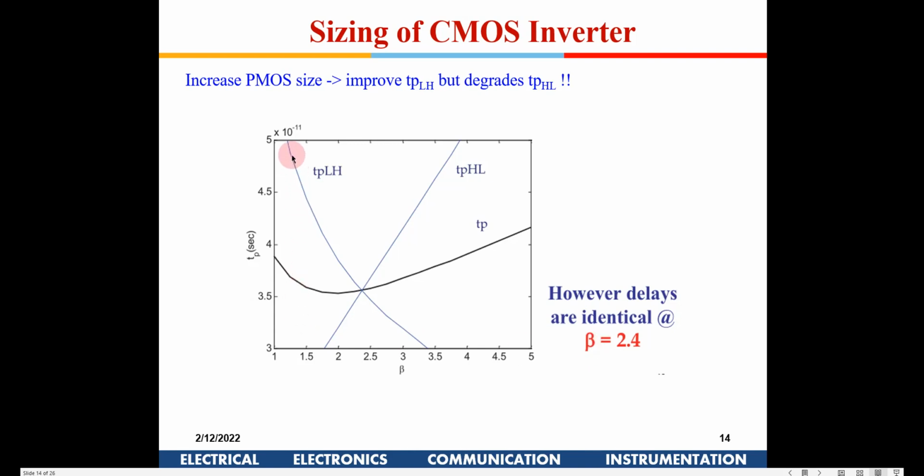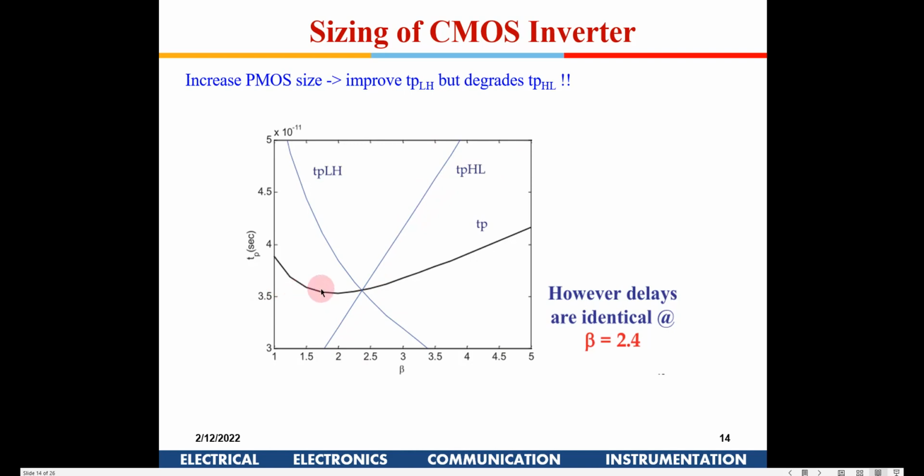If you keep increasing beta, the low to high delay will keep decreasing, because the PMOS is stronger, so the output will get charged faster. But since the NMOS is becoming weaker, you will find the high to low delay increasing, right?